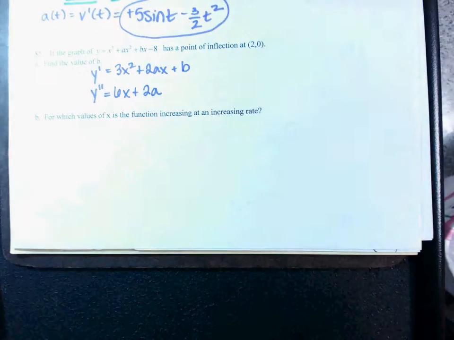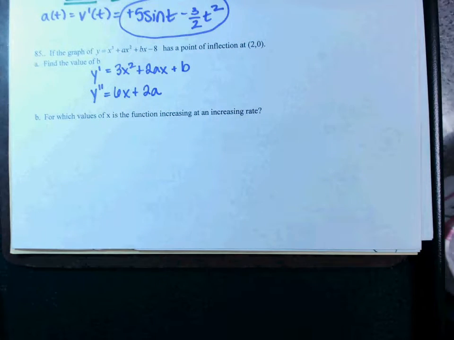Now, the derivative of plus b, remember, b is a constant, so the derivative is 0. Okay, one more important thing you have to know here. Where's the point of inflection at? At 2, 0.